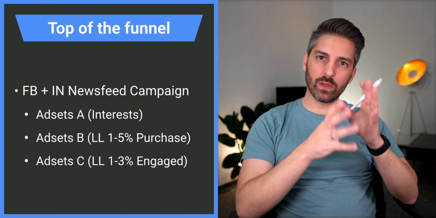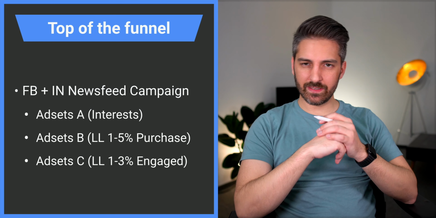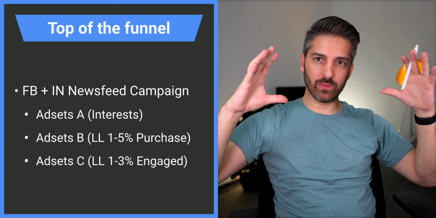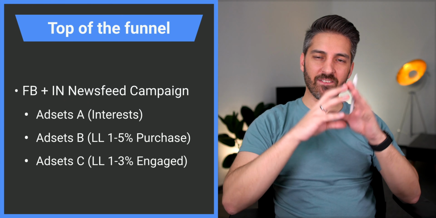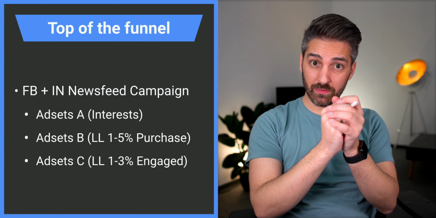Let's say the 1 to 5% people that have purchased is the core of that audience, and now Facebook looks for the statistical twins and takes, for example, in Germany, the 5% of people who are most like the people who have bought your product before.